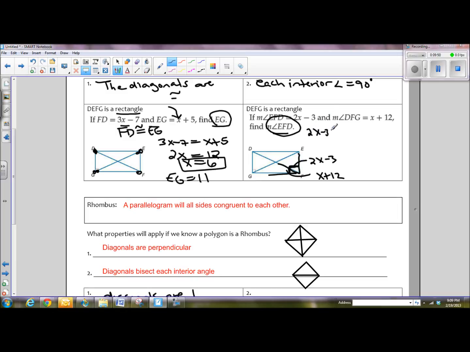So 2x minus 3 plus x plus 12 is 90 degrees. So when I solve for the value of x, I get 27. In order to find out what EFD is, I would plug 27 back in for x. So 2 times 27 is 54, minus 3 is 51, which gives me the measure of EFD.